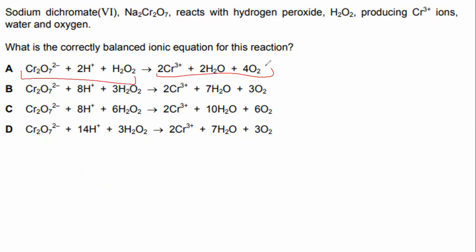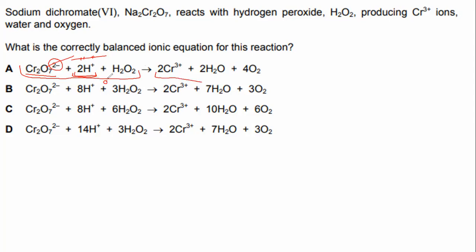Talking about the total charge, let me show you something here. Here we have charge of -2, and here we have two hydrogen ions, so +1, +1. That means the charges cancel each other and the total charge on this side is 0 now.